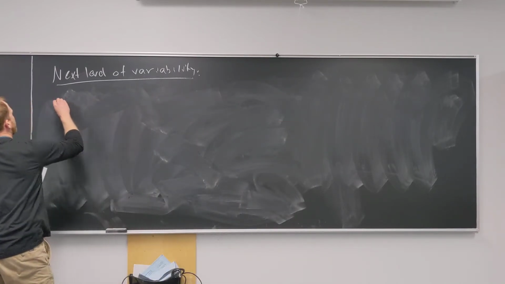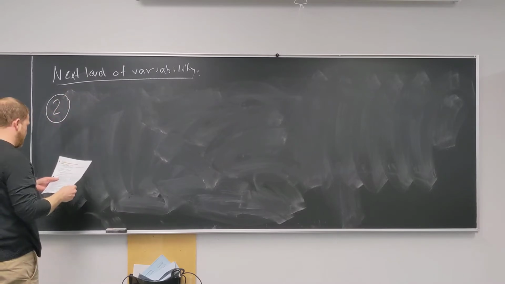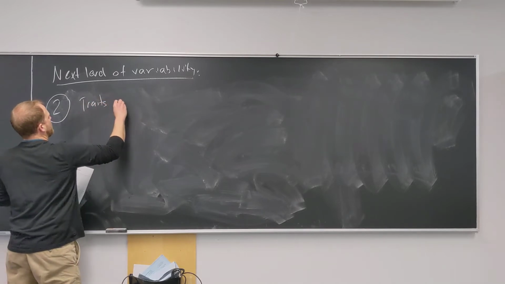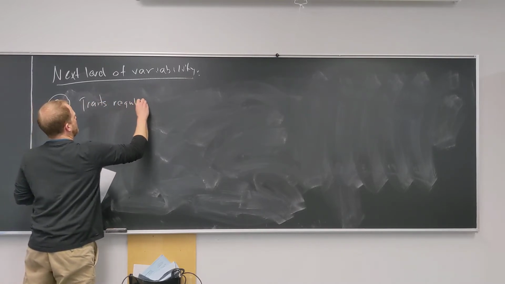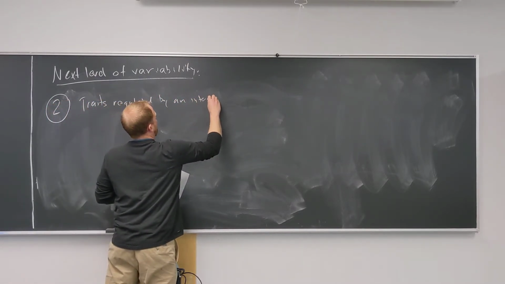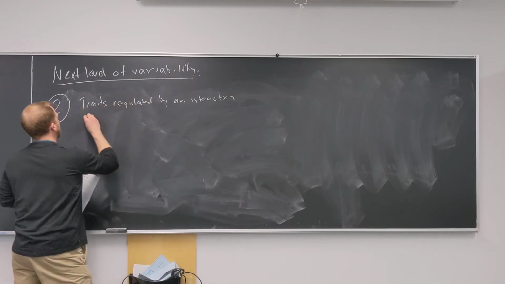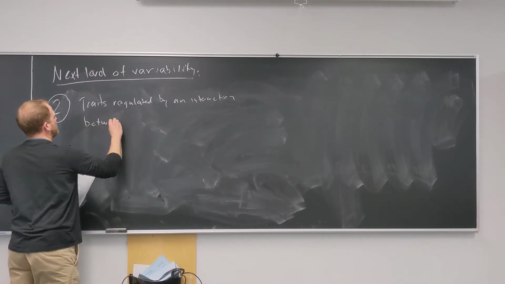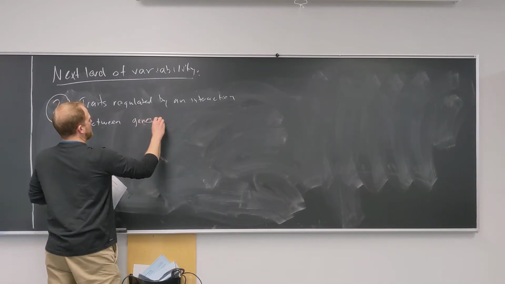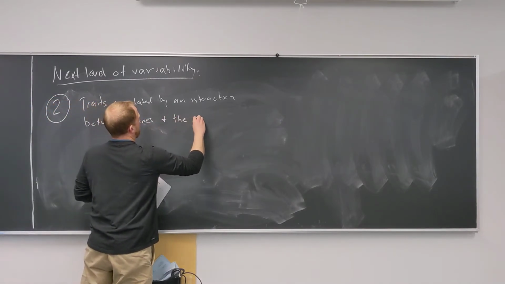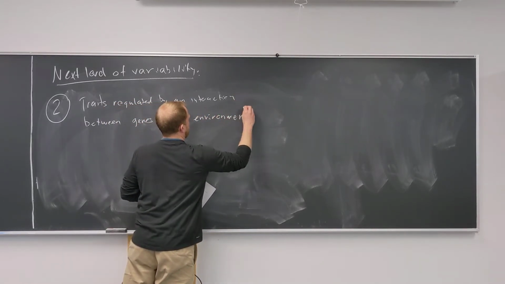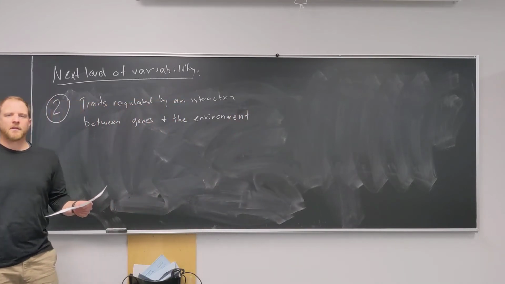Okay, so the second type of multifactorial trait are traits regulated by an interaction between genes and the environment. Okay, so we already saw an example of this.